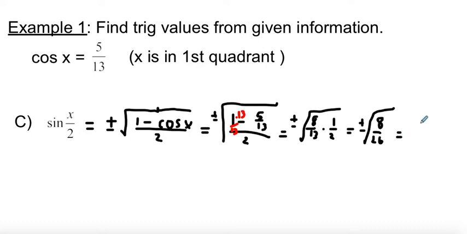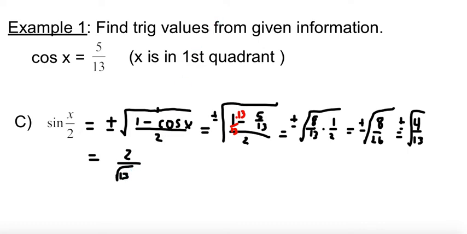So I can see that 2 definitely goes into 8 and goes into 26, so I get 4/13. And then we want to take the square root of the numerator and denominator. The numerator there comes out nicely, so we get 2. Down here in the denominator, we get the square root of 13.